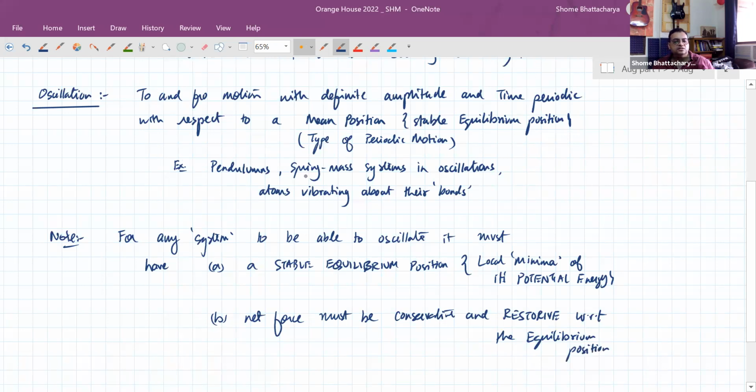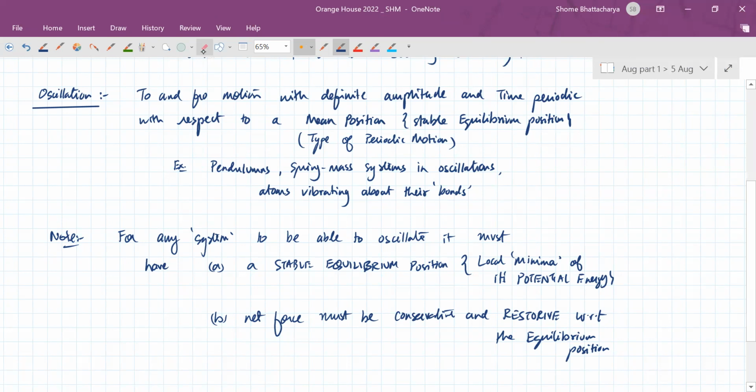So these are the two necessary and sufficient conditions for a system to have the property of being able to oscillate. So we will understand more about this when we look at physical examples of oscillations and particularly simple harmonic motions. So make a note of this point.